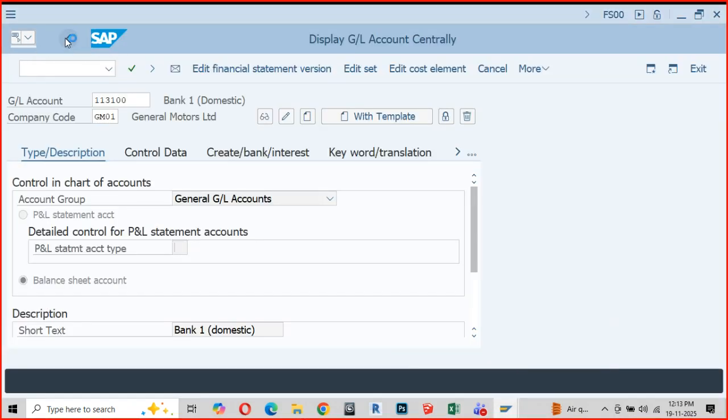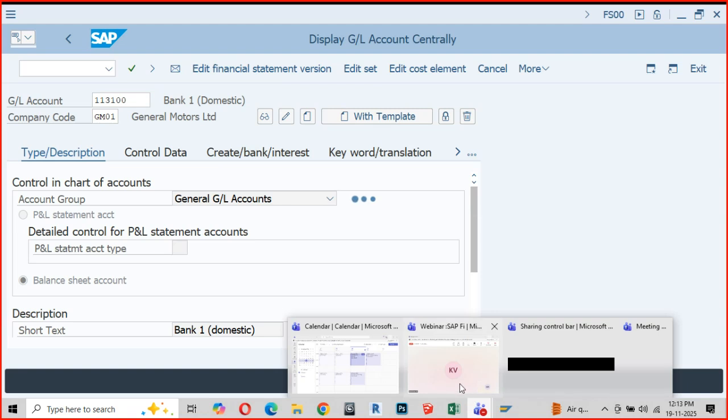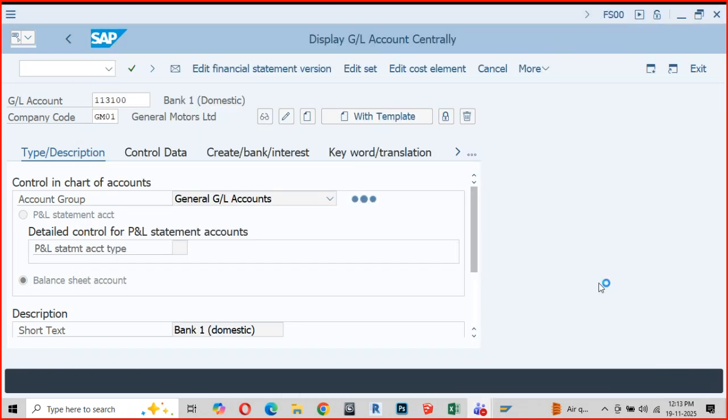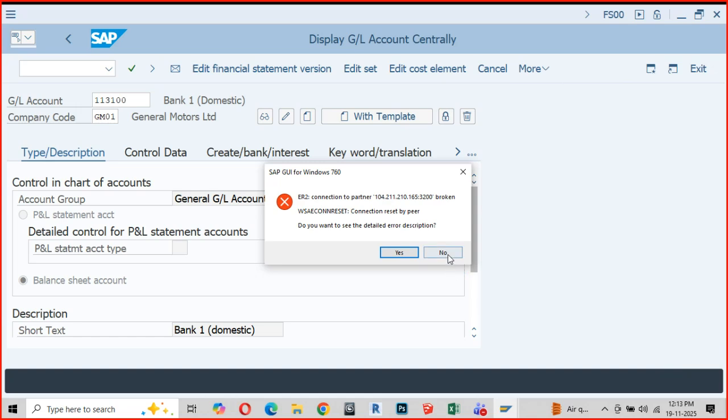I think I may have to re-log in again. Not a problem.